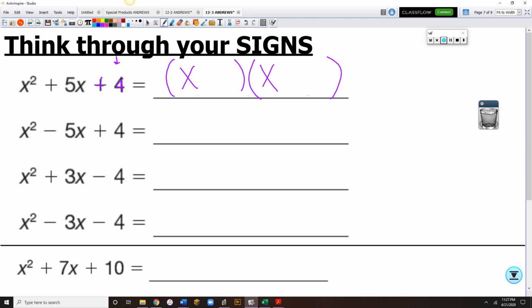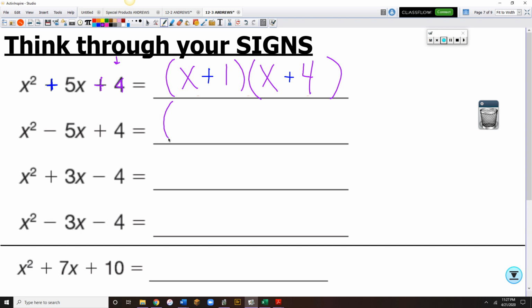I just know that they're either both pluses or both minuses. Then I will look over here at the sign in front of the 5 and I say, oh, that's a plus sign, so I know they're both pluses from that side. Then I need two numbers that multiply to 4 and add to 5, which would be 1 times 4.